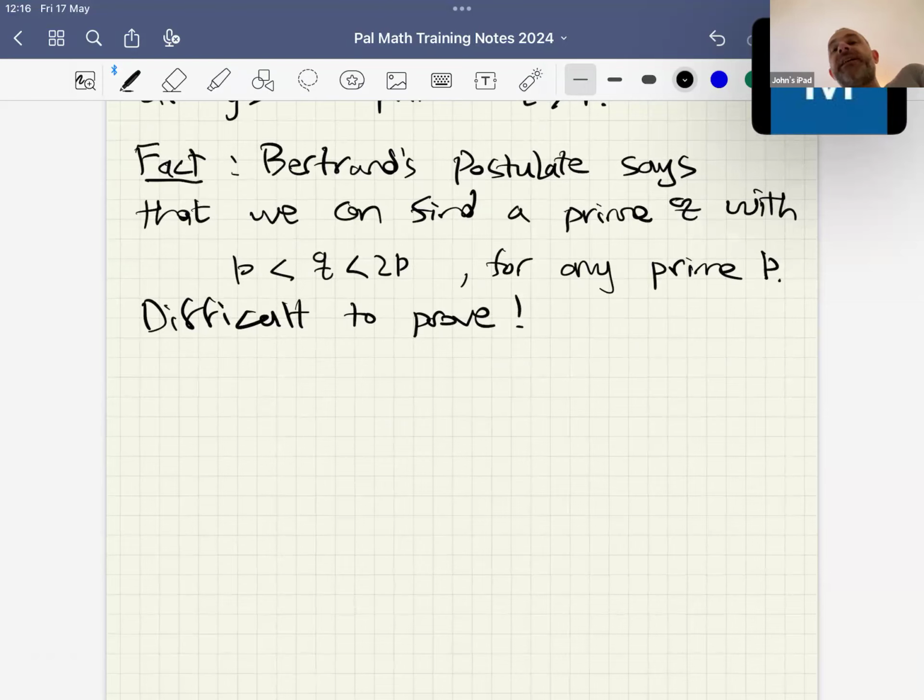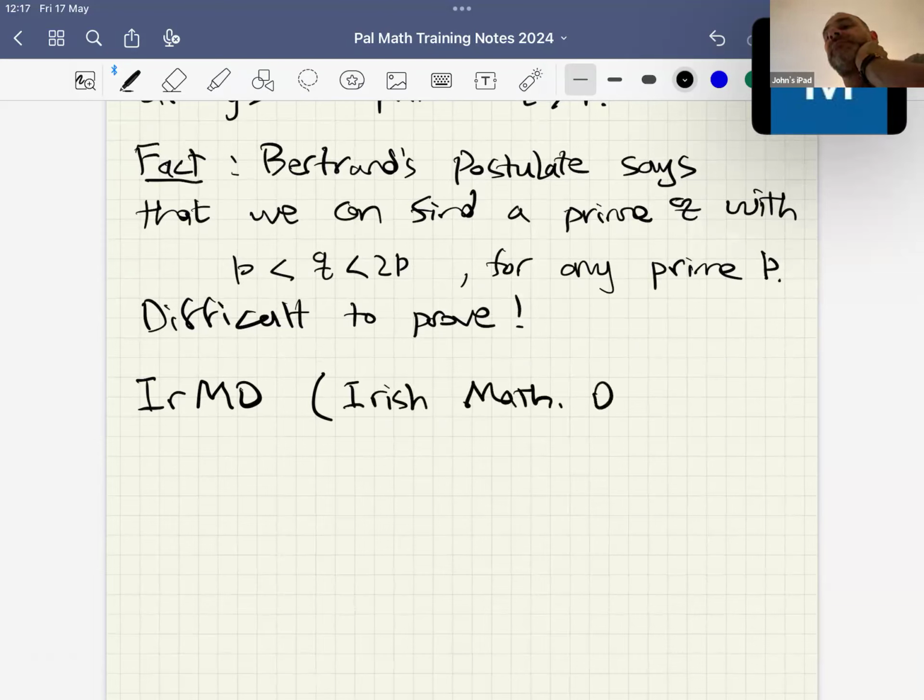So this is the Irish Maths Olympiad. That's what I'll be using for the national competition. From 1990. We first started participating in the international competitions in, I think, 1988.